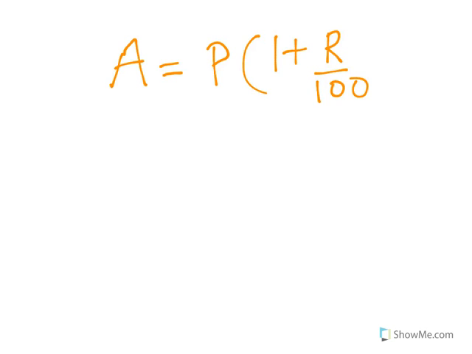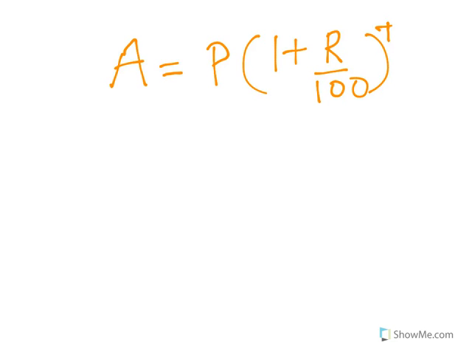Next page, here we go. So the formula for this is, I'm just going to write it down, the amount. Remember this, the formula does not give the interest, it gives you the amount. Principal times 1 plus rate by 100 raised to time.